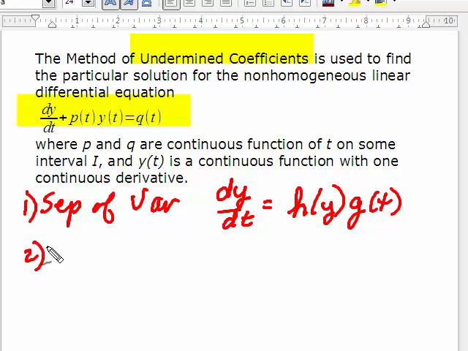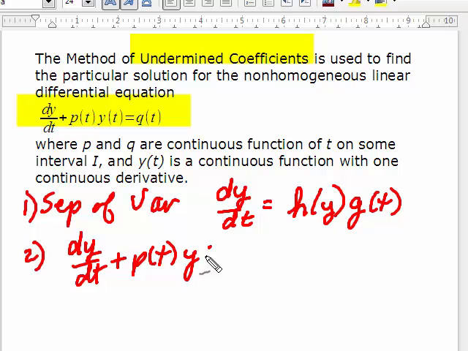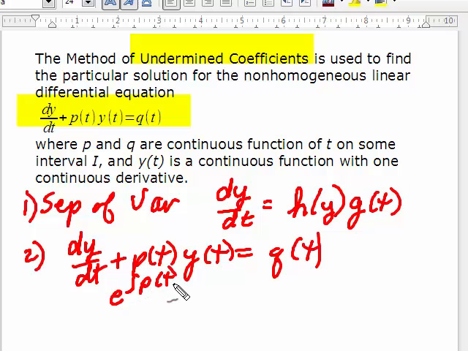The second method was the integrating factor method, and we had just the linear differential equation like this. And when we solved by this method, we had an integrating factor, which was e to the integral of p of t dt. And some people say you should rederive all the steps.